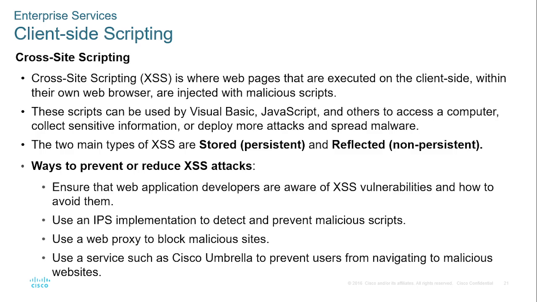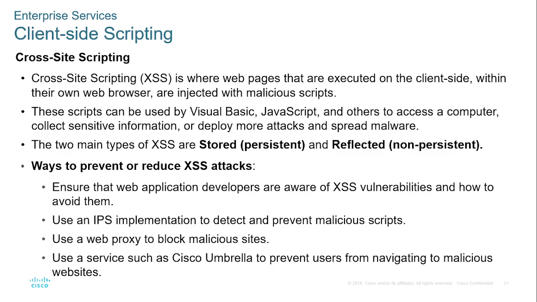So how do we prevent cross-site scripting attacks? Number one, we have to ensure that web application developers are aware of what cross-site scripting is and the vulnerabilities that come with it, and avoid that. Number two, we can use intrusion prevention systems to detect and prevent malicious scripts if they do exist.